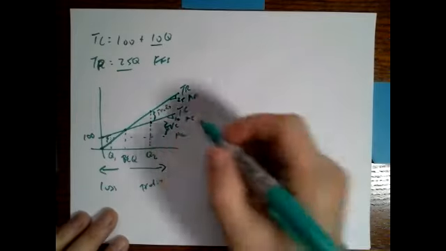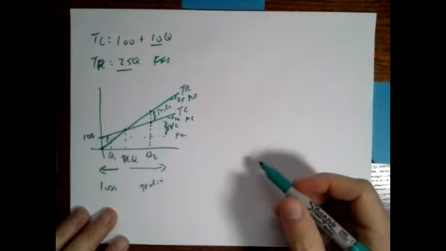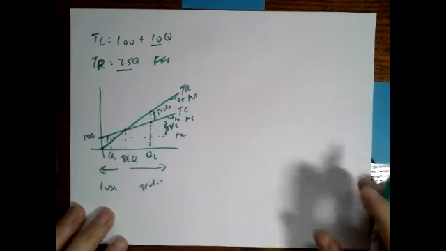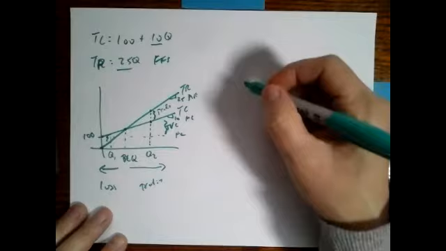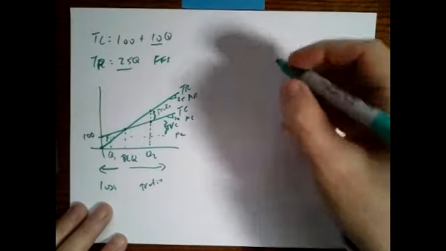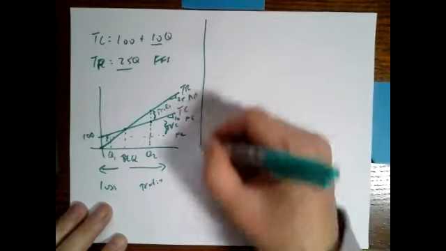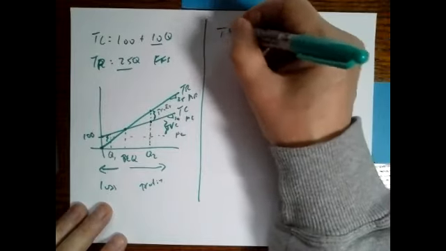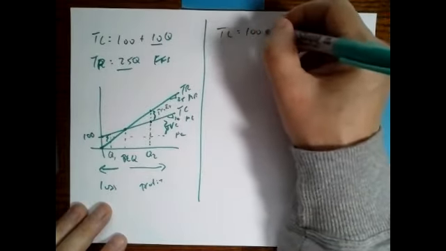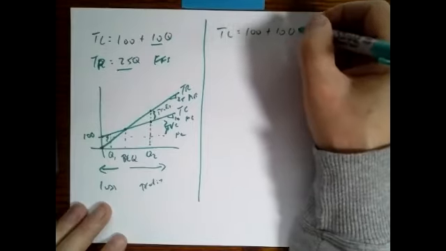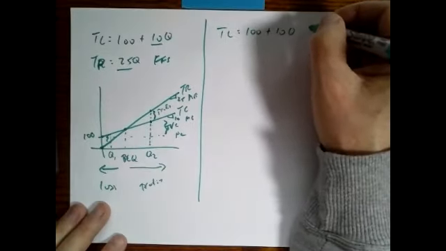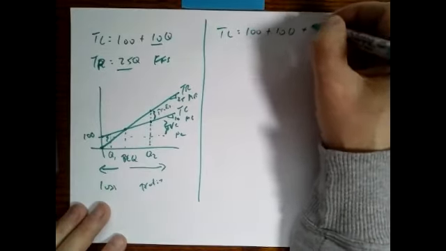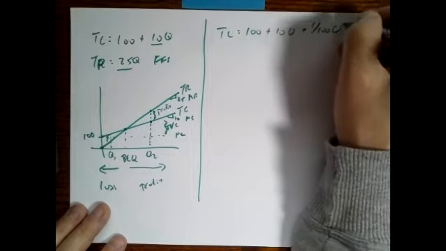And so instead of having a cost volume profit graph like this, a more realistic thing is to say something like what we did in the last video, which is 10Q plus 1 over 100Q squared.